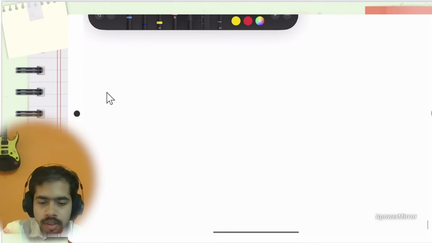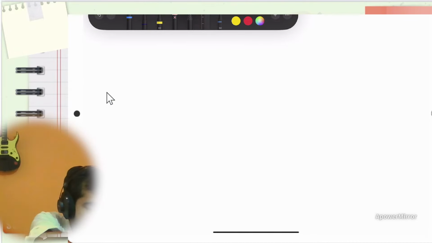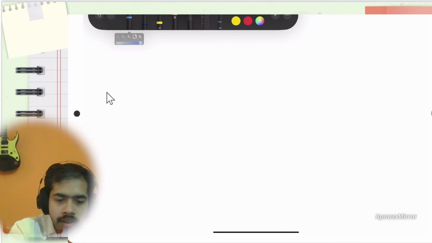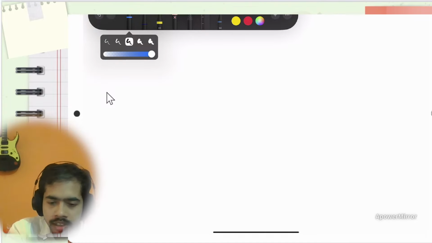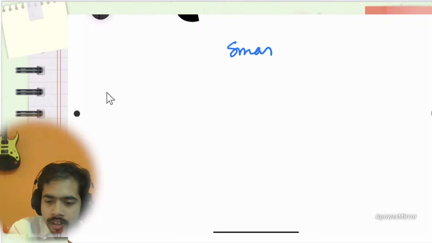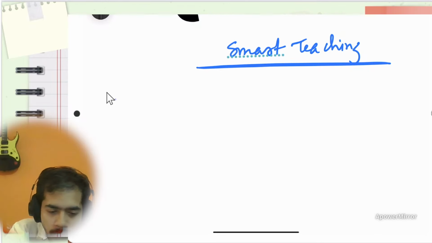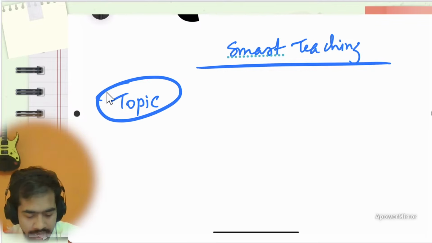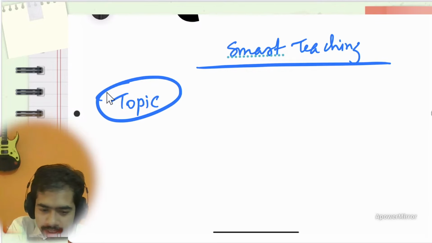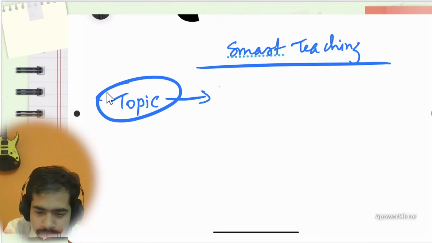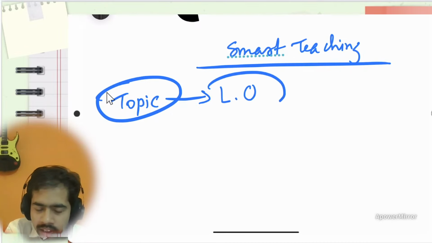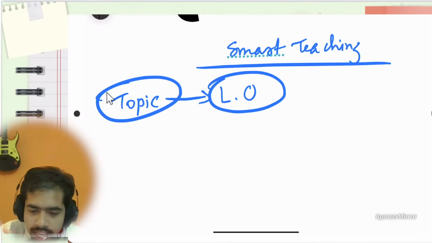So let me sum up what I have discussed today. Smart teaching: first we have to take a topic. How can we plan our lesson now? First you get a topic, then this topic must have some LOs. On the basis of these LOs, you design activity.